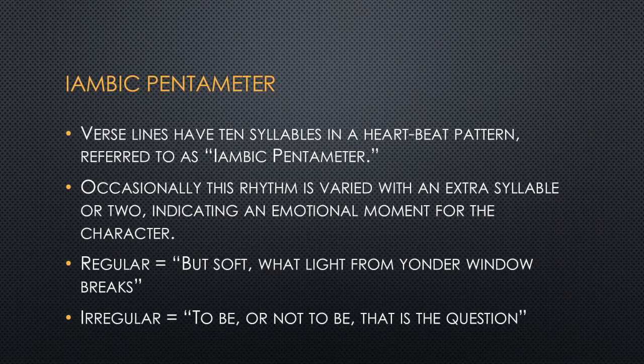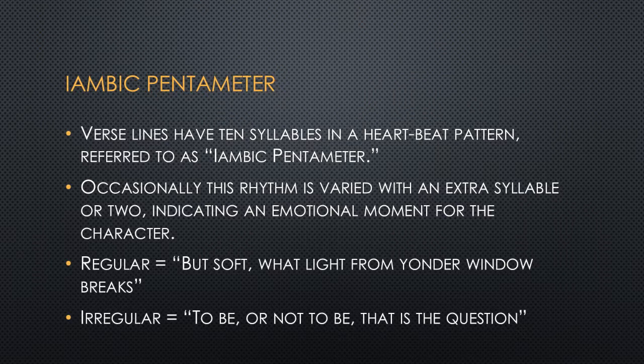Their heart is literally skipping a beat, and so the beat of the line skips a beat too. Shakespeare uses this pretty sparingly, but you'll see it show up, especially in his later plays, as a way of emphasizing the emotion in a line. He doesn't use it a lot, and the audience may not hear it, but they might pick it up subconsciously, that little change in rhythm.